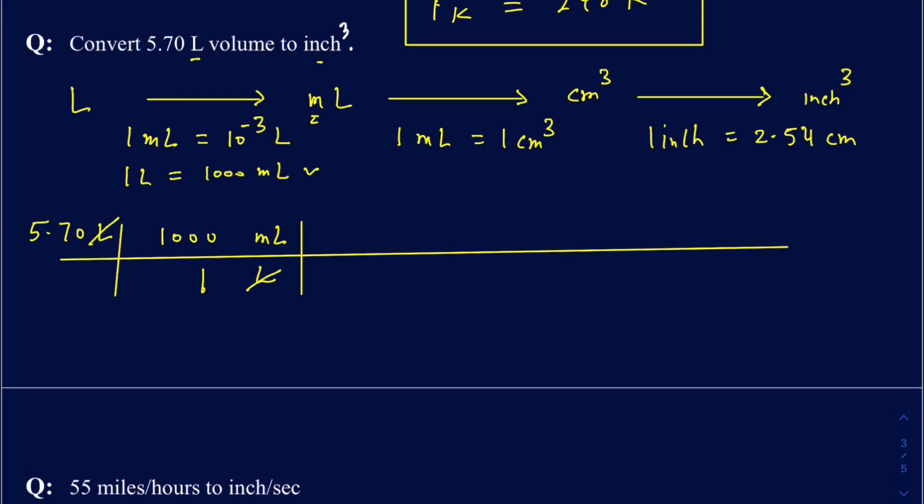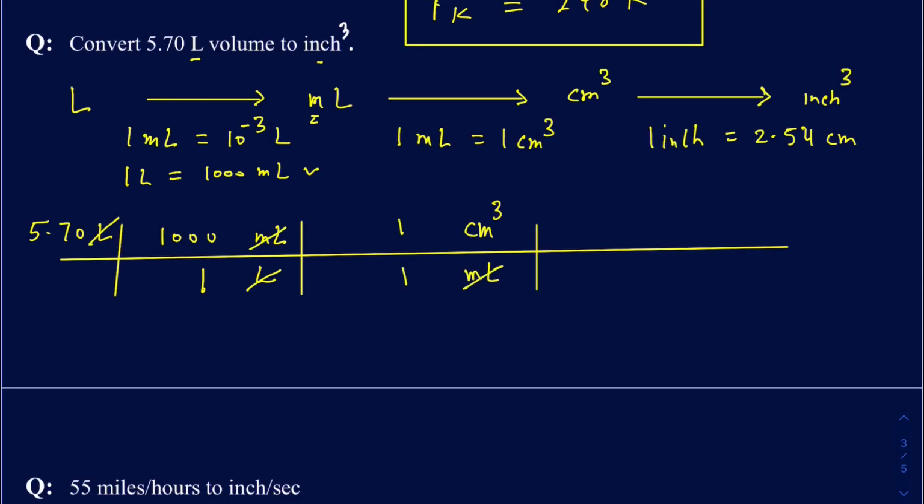When I set up my second one here, we need to have centimeters cubed on the top, and milliliters on the bottom. Then plug in the numbers. So 1 goes with the milliliters and 1 goes with the centimeters cubed. By doing so, the milliliters cancels out.